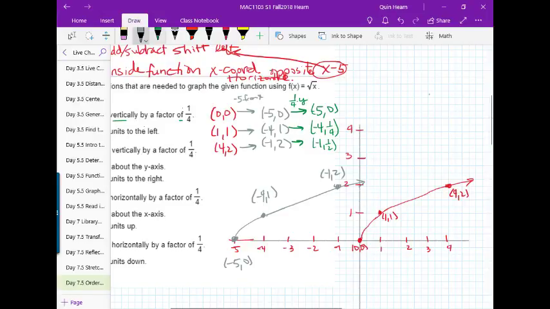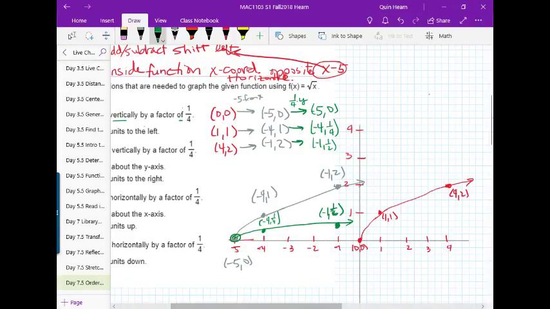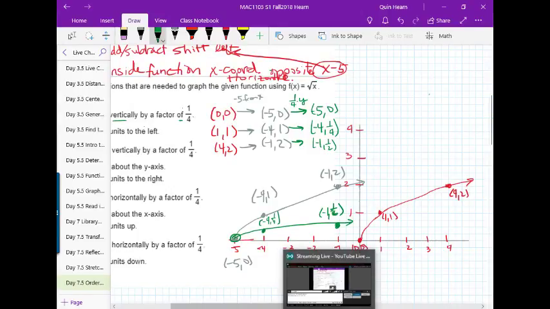So it still goes through (-5, 0), but it also goes through (-4, 1/4), which would be about here. And it goes through (-1, 1/2). So the final graph looks like this. Okay, it's the same shape, but shifted to the left and compressed closer to the x-axis.